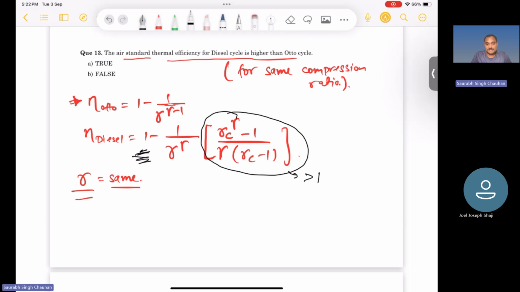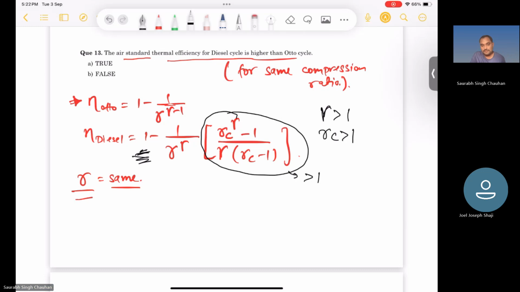Now this question is more like a mathematical question instead of a thermodynamic question. So this will be less than one or greater than one. This we have to find. Gamma is more than one. RC is also more than one.